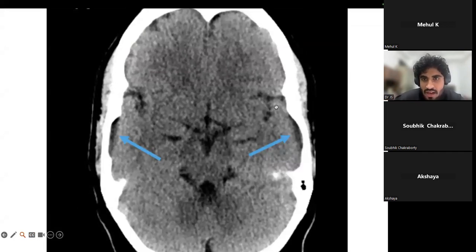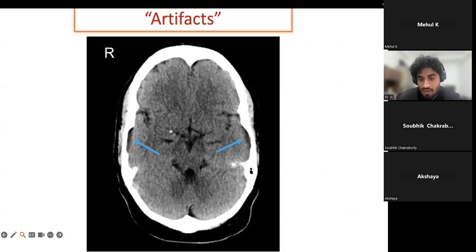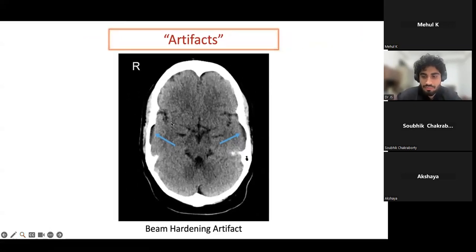This we call a voxel. It is an average of all these tissues. This part looks white or black based on the averaging of the structures beneath it. So that is one thing.